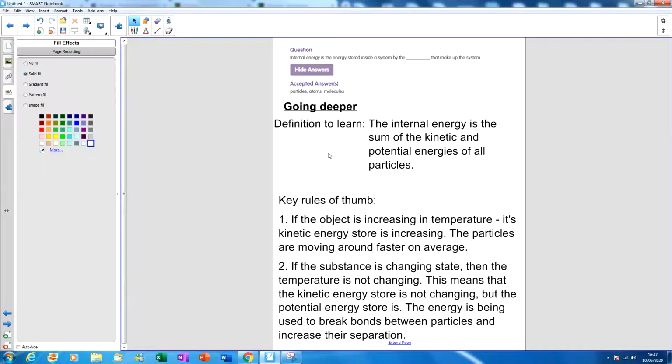So, changing state breaks bonds between solids, so they can change state into a liquid, or breaks bonds between particles in a liquid so that they can change state into a gas. And in each of those instances, the average particle separation is increasing, so the potential energy store of the particles in the substance is increasing.